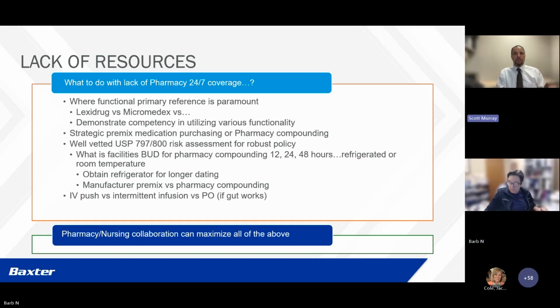And if so, can we have it in a final product that nursing can administer, and even have the tubing primed or available in a final form? And then again, IV push versus intermittent infusion versus PO if the gut works. Knowing those strategies for those areas when pharmacy is not available, if we don't have a medication that pharmacy would do patient-specific as a piggyback, can we push that in these off times?